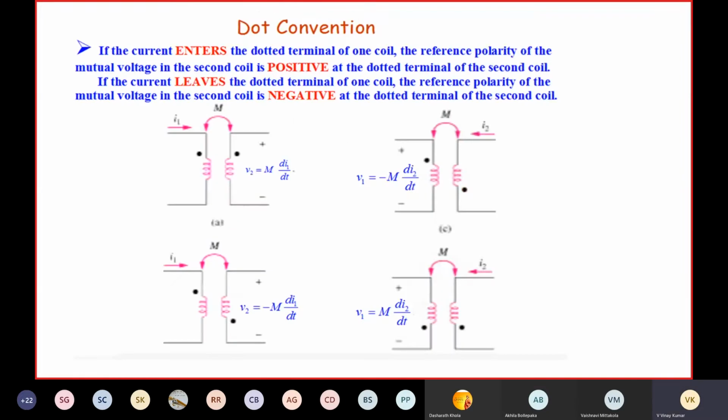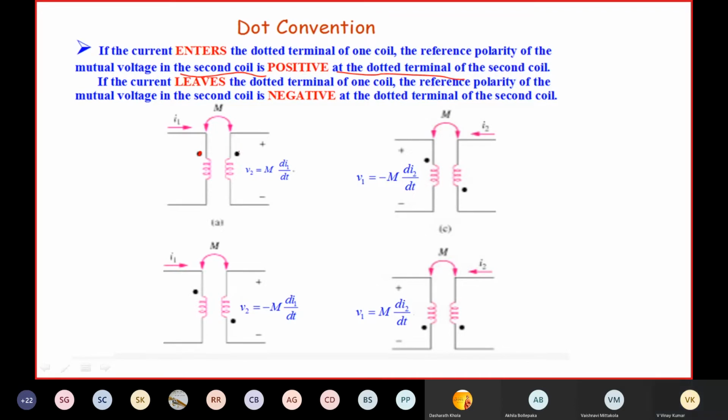Now here see, the dot convention states, if the current is entering the dotted terminal of one coil, the reference polarity of the mutual voltage in coil 2 is positive at the dotted terminal of the secondary coil.